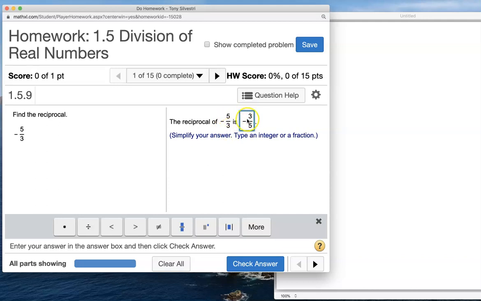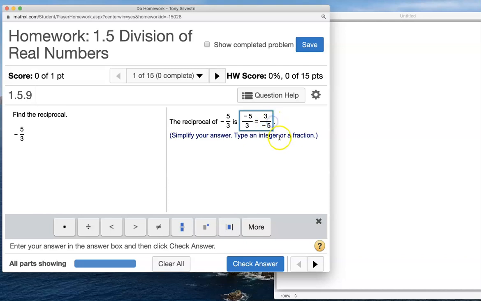So just flip the numerator and denominator, or probably even a better way to understand this is, see this minus sign? It almost looks like it's separate from the fraction when it really isn't. If you put the minus in front of the 5 and the 3 on the bottom, and I ask you to flip the numerator and denominator, what you're going to get is 3 up top and negative 5 on the bottom.